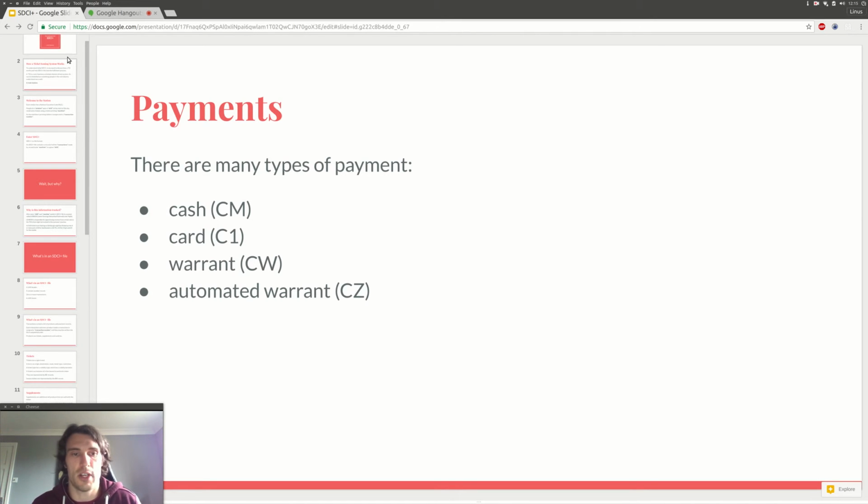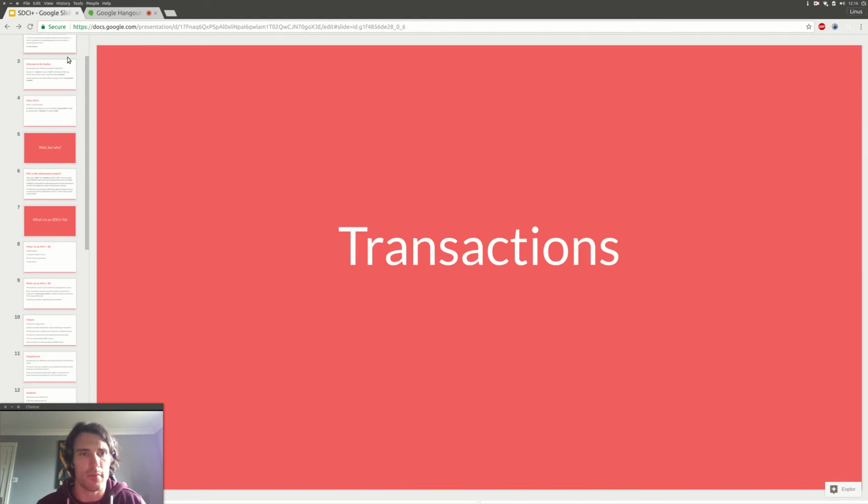Let's say your train was late or something, they might give you some money back in the form of a warrant that you can use as a discount code. But they're also used for pay on accounts. Automated warrants seem to be more popular now. People tend to be trying to keep warrants for different things. So yeah, they're just slightly different.